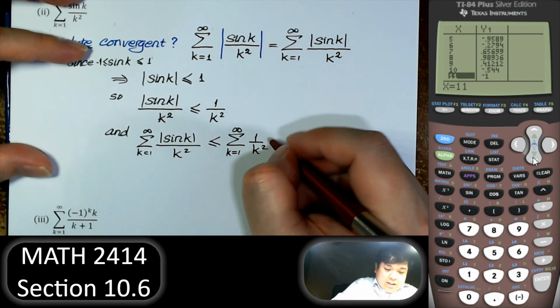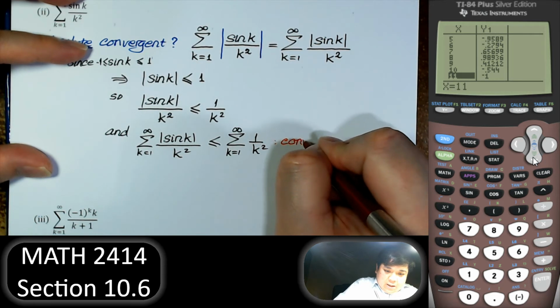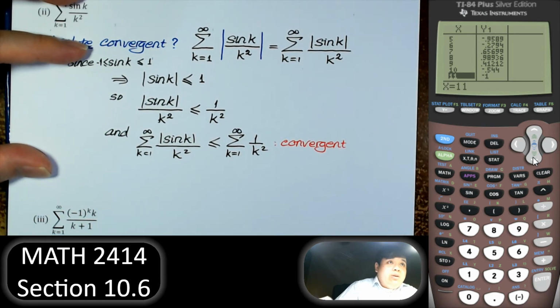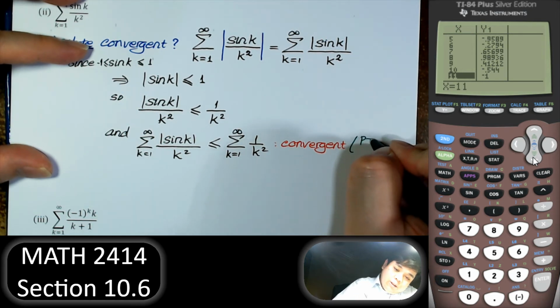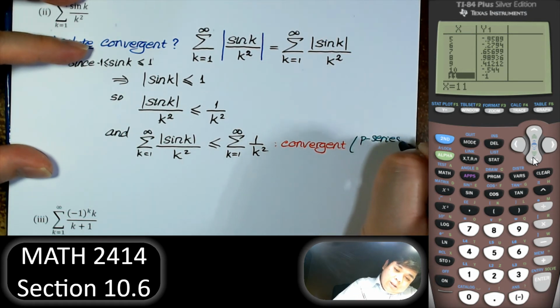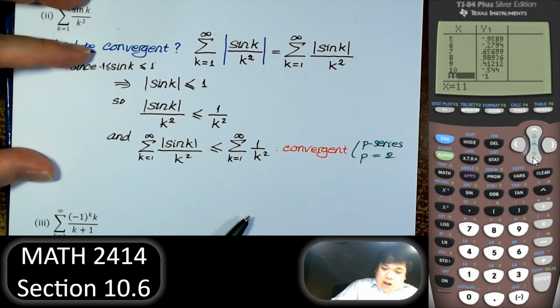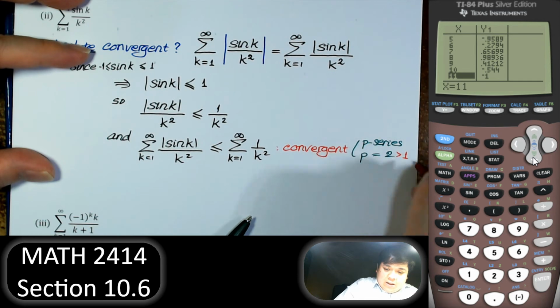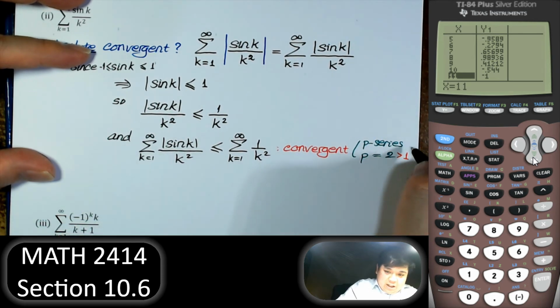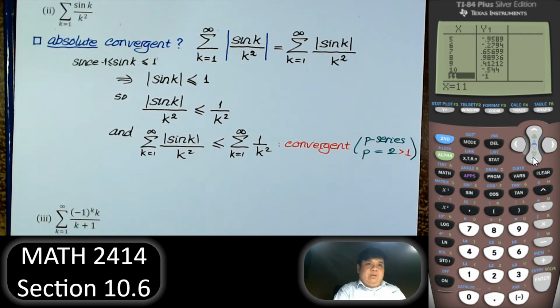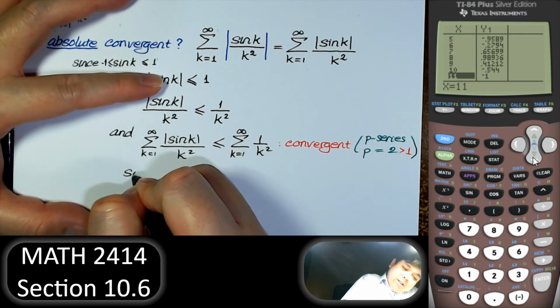Now, this is convergent because of the p-series where p equals 2. Anything greater than 1 is convergent for the p-series. So, less than convergent is convergent. Greater than divergent is divergent.